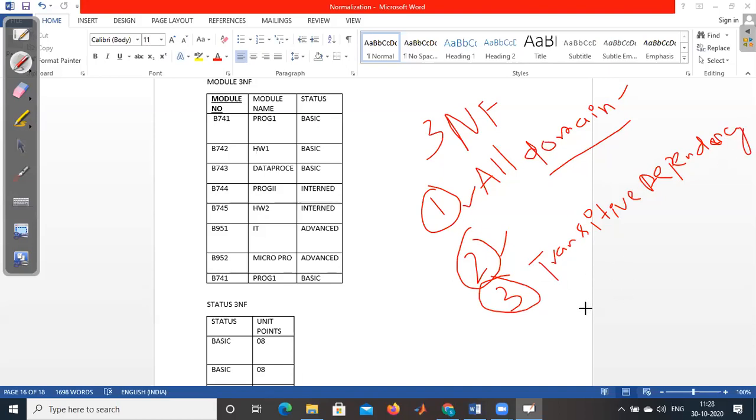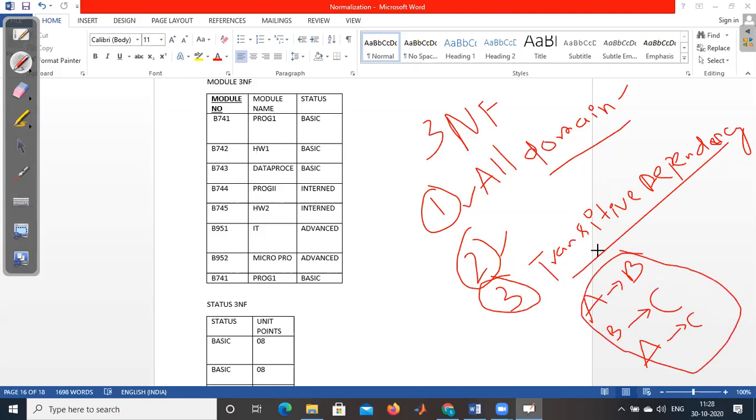What is transitive dependency? We already know, in the Armstrong axioms also we studied. If A determines B, and B determines C, then A determines C. So this should not be possessed.